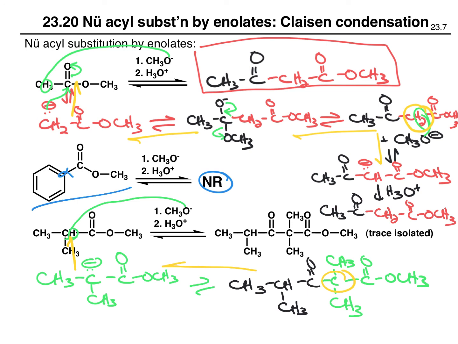So there's no favorable equilibrium step, and that's why only a trace amount of this product is isolated. So it's absolutely required to have at least one alpha hydrogen, but it turns out for the reaction to work well, you need to have 2 or more alpha hydrogens. So as long as you have 2 or more alpha hydrogens, then an ester can undergo self-condensation when treated with an alkoxide base.